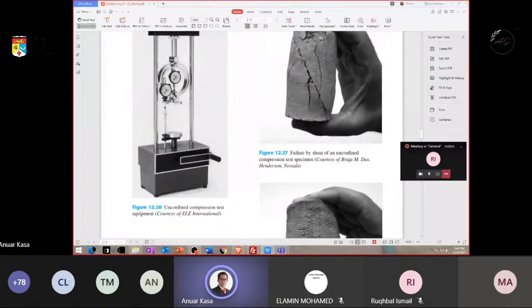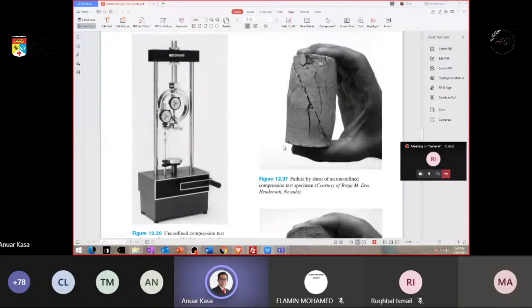This kind of test is good only for clay soil. For sand, we cannot have a sample like this one. The sample must be able to stand on its own. We cannot have pure sand where we cannot create a sample. So this unconfined compression test is good for clay material.